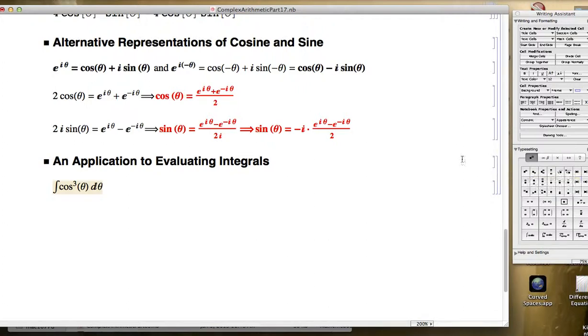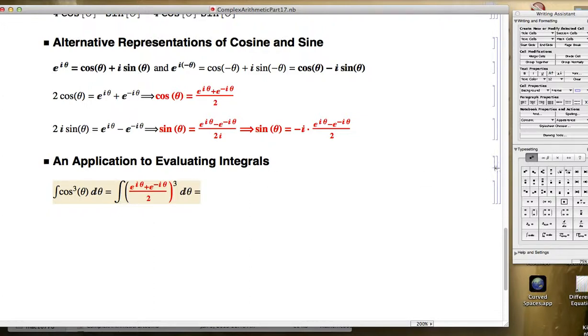We're going to use this formula up here. Counterintuitively, we're going to go into the complex plane, use complex functions to evaluate our integral. We're going to replace cosine theta with this complex expression here, e to the i theta plus e to the negative i theta over 2.